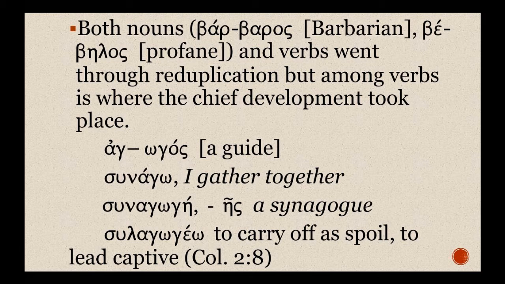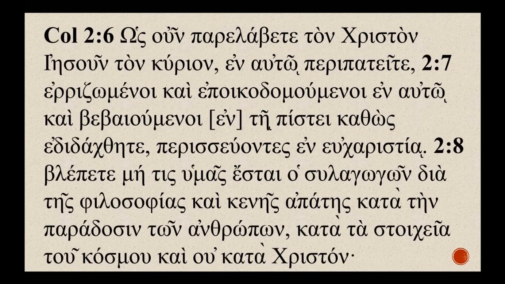It actually has a double lambda on the front. So the term here is sule, and then we have the reduplication of ago. Reduplication wasn't just limited to the perfect, but that's really the tense that it stuck on in the development of the Greek language.